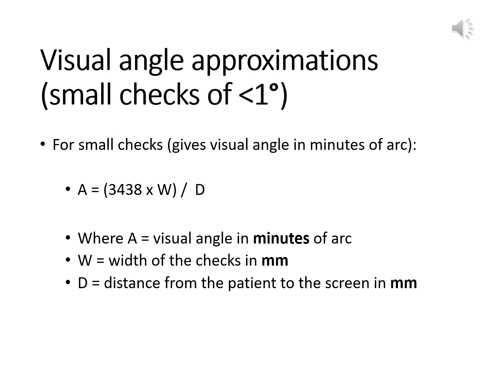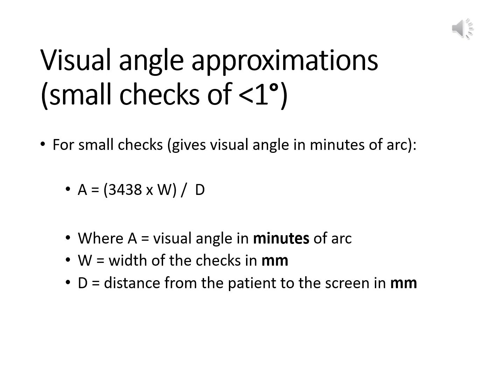The formula for approximating the visual angle for a small check is different from approximating the visual angle for a larger check size. For small check sizes, which are defined as less than approximately 1 degree of arc wide, to find the visual angle in minutes of arc, we can use this formula.